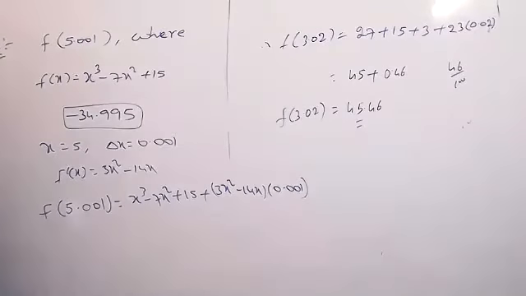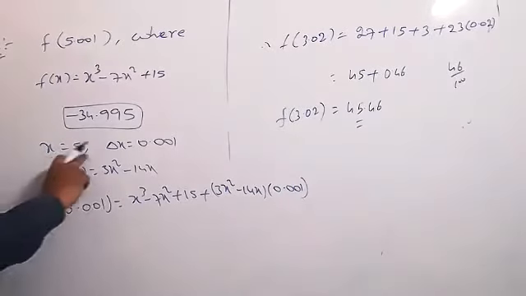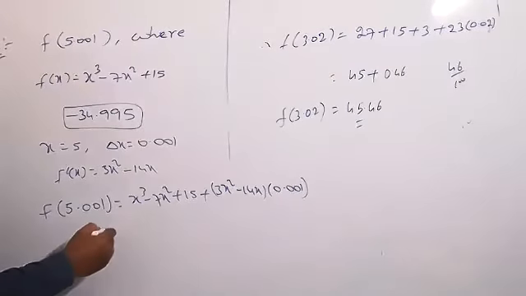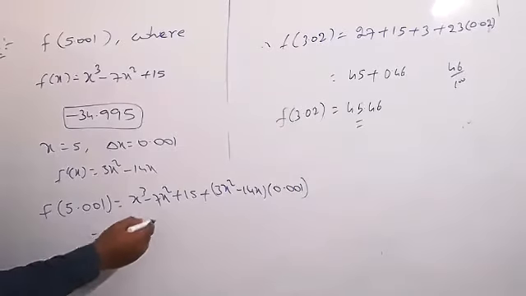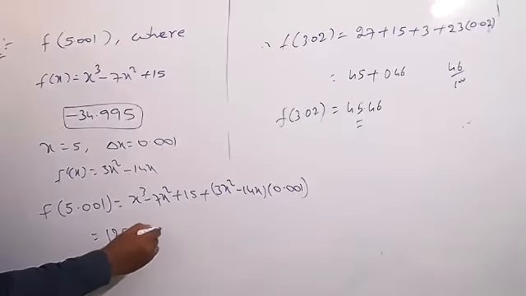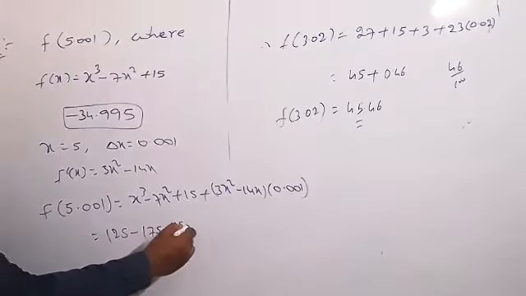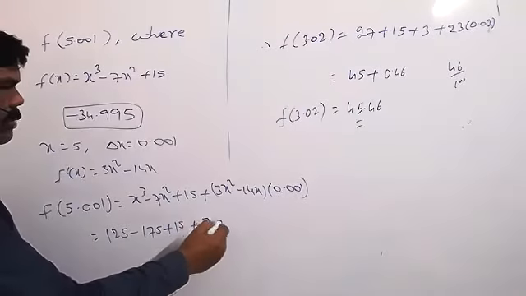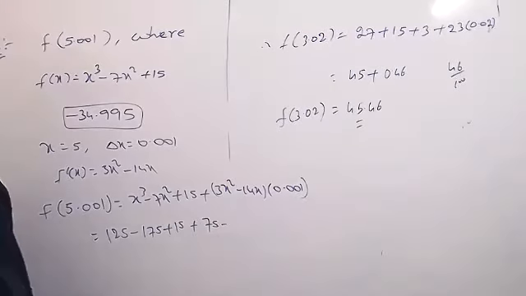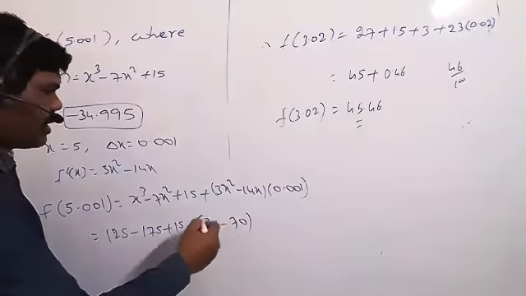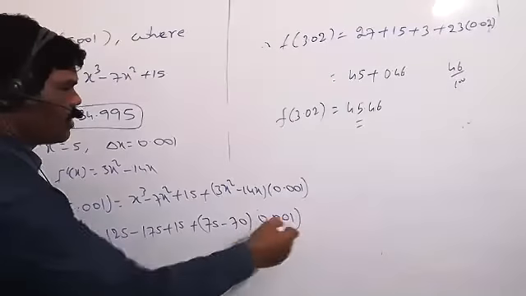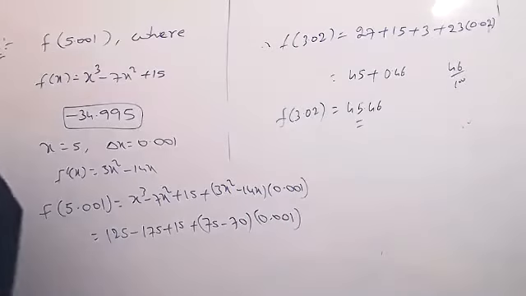Substituting x equal to 5: 125 minus 175 plus 15 plus (75 minus 70) into 0.001. Now simplify this value.